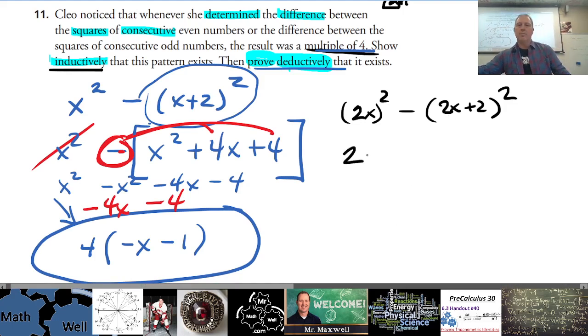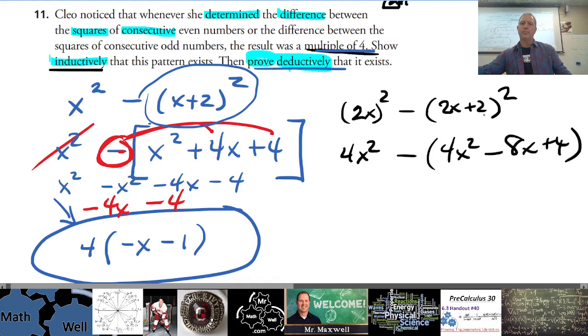So this is going to be 4x squared minus 4x squared minus 8x plus 4. Plus 8x, thank you, plus 4. I was doing the negatives at once. That's okay, I'll show this other step: minus 4x squared minus 8x minus 4.